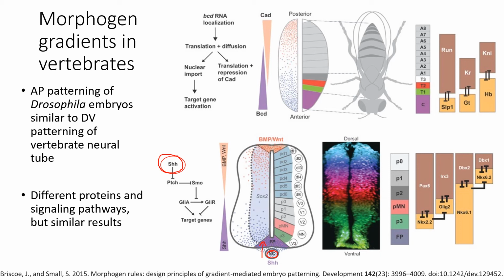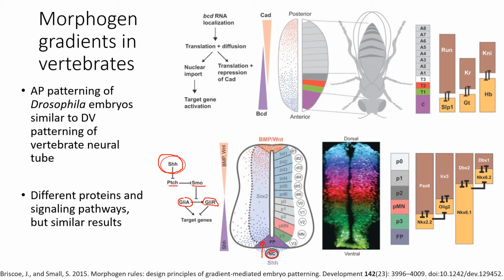It binds to a transmembrane receptor protein, which is Patched, labeled here, which stops the inhibition of another transmembrane protein, SMO, and that allows the production of a transcriptional activator group of proteins, which is labeled here as GLI-A, instead of repressor proteins, GLI-R. So normally, the repressor proteins are all that is being produced.